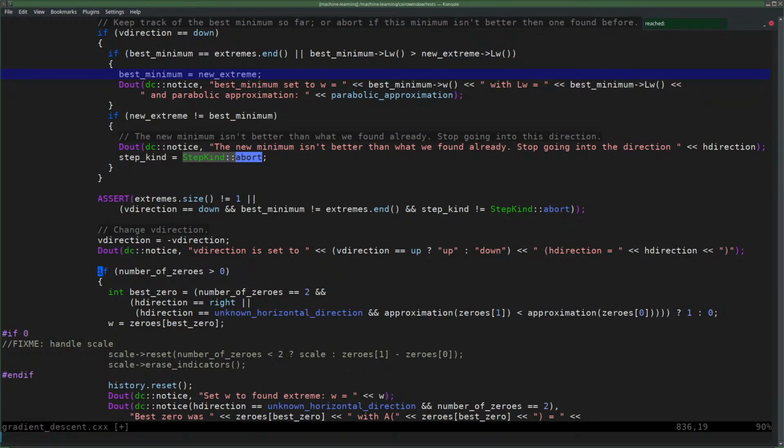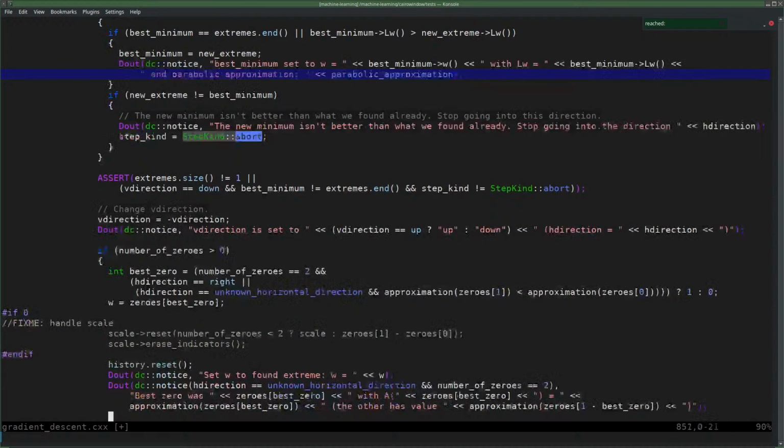Now, if the number of zeros that I found was larger than 0, which might be not the case, I have to admit, then we can determine which is the best one. I mean, if you have only 1 zero, that's the best one. If you have 2 zeros, then it is determined by which side is looking lower.